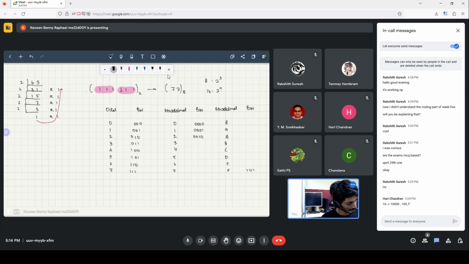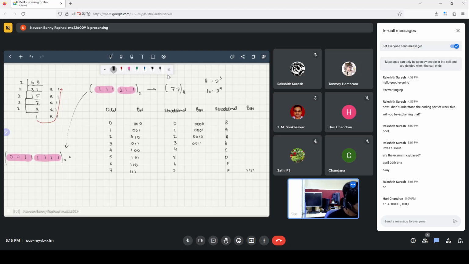So if you take this thing again, we have 1 1 1 1 1 1. We take groups of 4. So this in base 16, the first set of 4 will be 0 0 1 1. 0 0 1 1 will be 3.